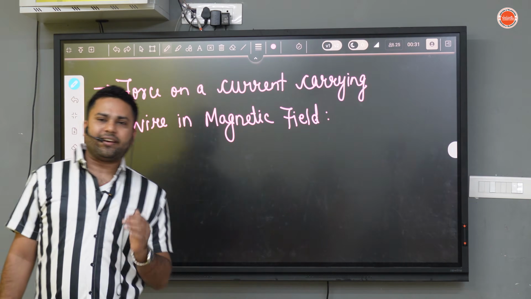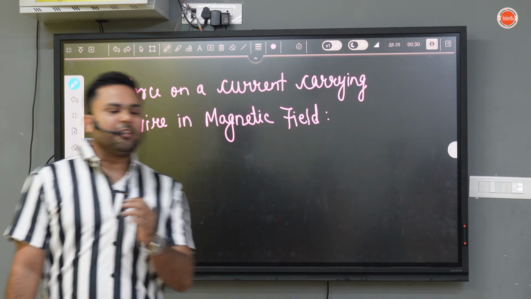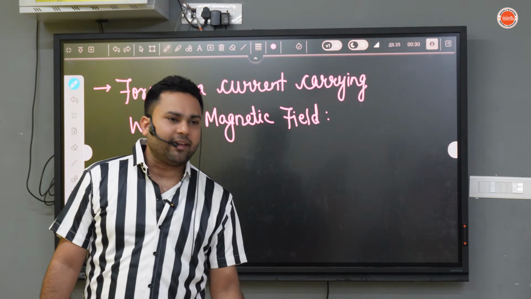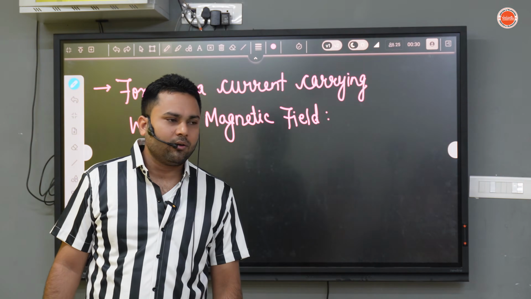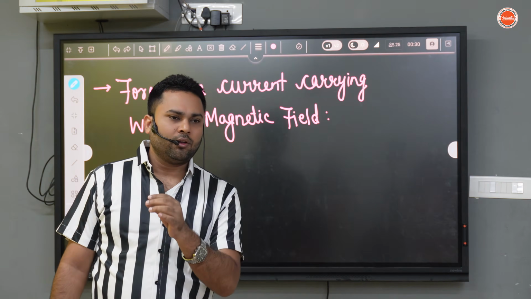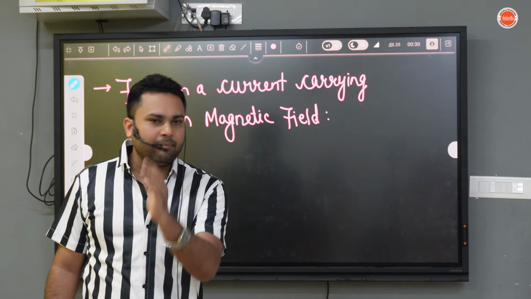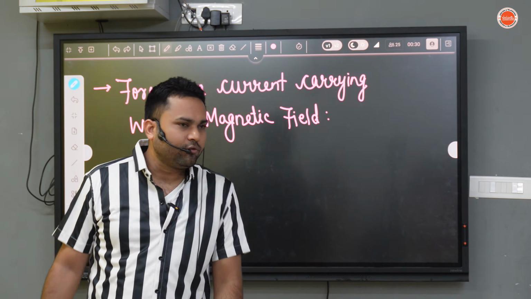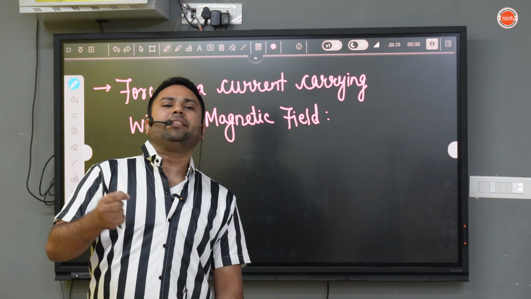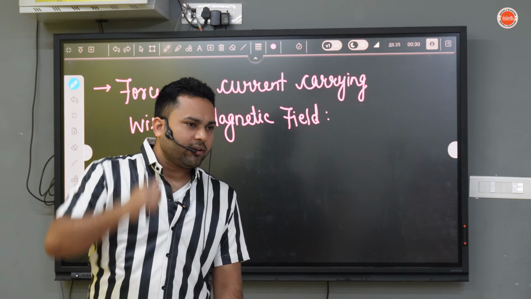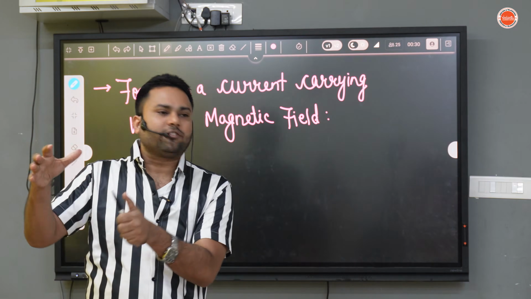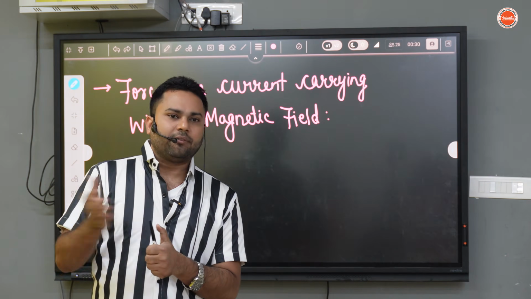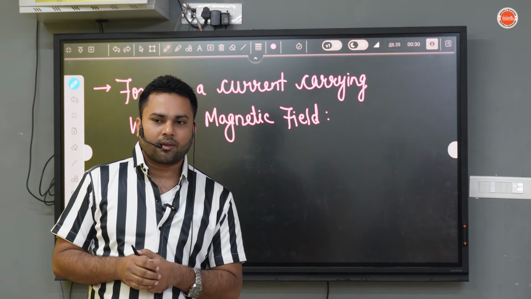So if in a wire there is current, current means positive charge is moving. You can think like that. It is the same as whatever we have studied till now. That charge is moving, so any charge which is moving in a magnetic field will experience force. If there is a current in the wire, it means some charge is moving, and this wire is placed in the influence of a magnetic field. So this will experience force now.